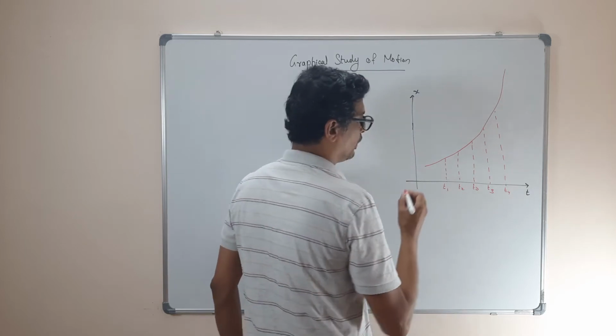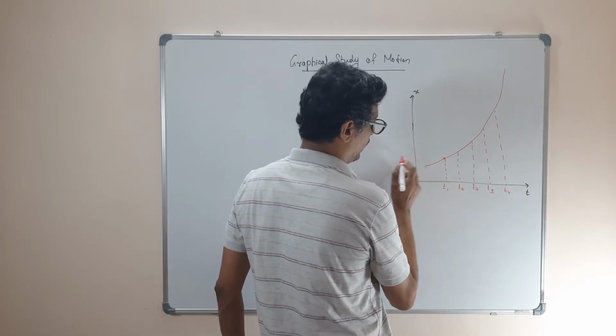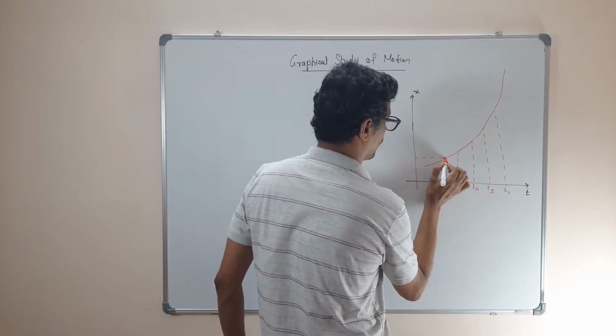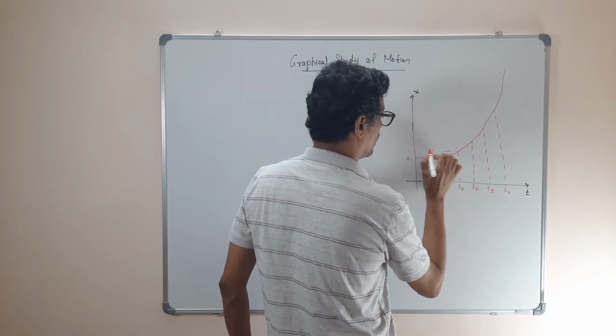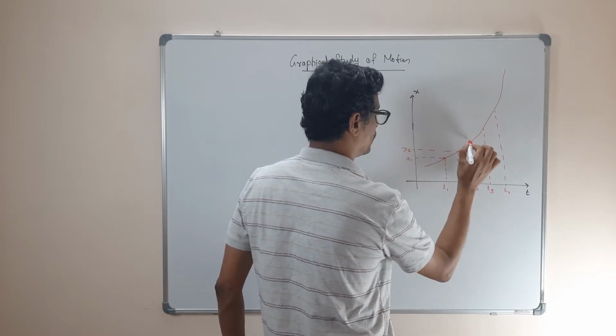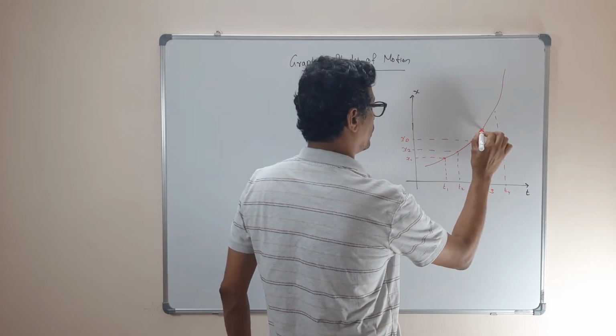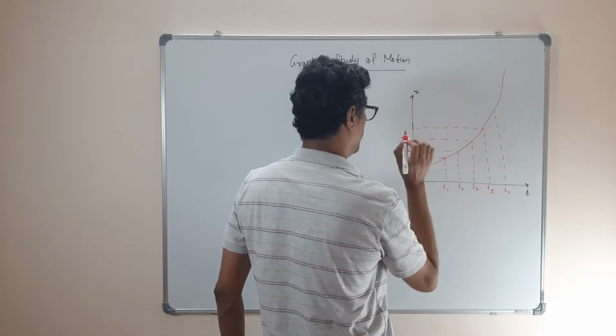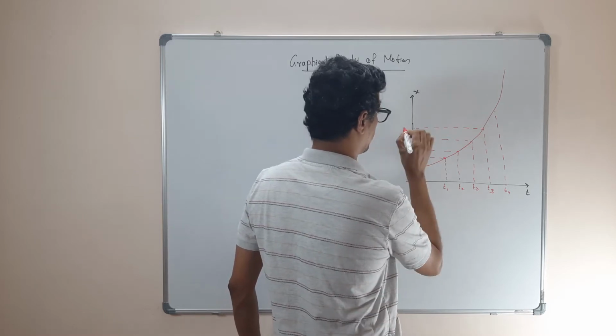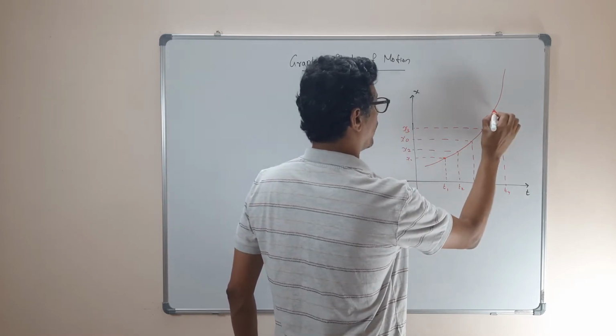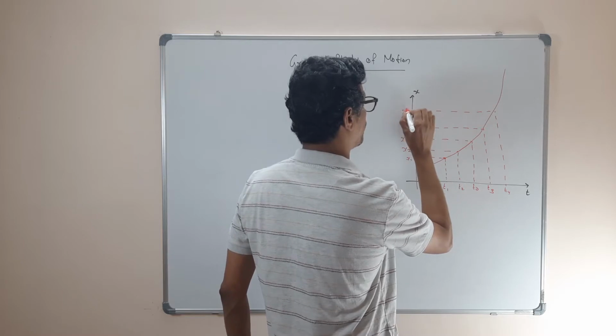Correspondingly you have the points. Here it will be x, so this one is X1, this will be X2, X0, this will be X3, and this is going to be X4.